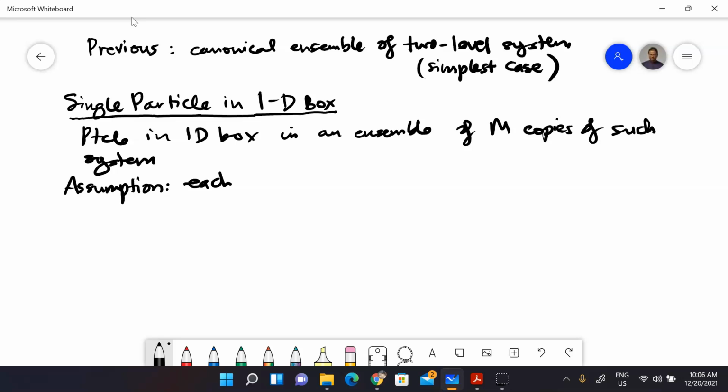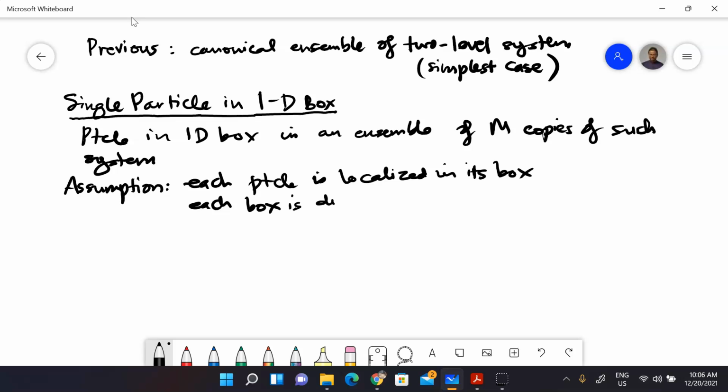Each particle is localized in its own box, and each box is distinguishable, so you can actually know which box a particle belongs to. Okay, some assumptions.